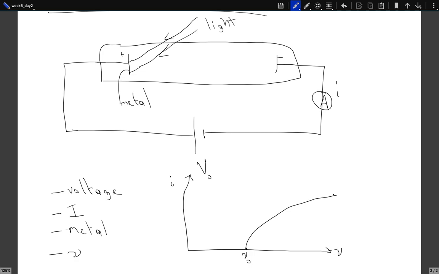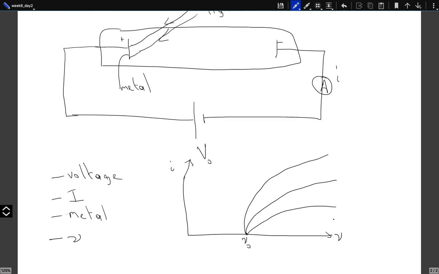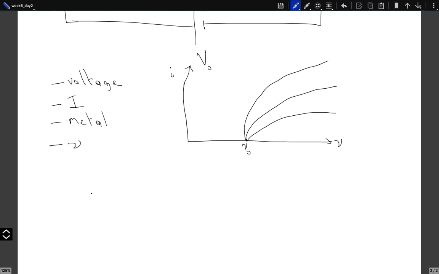Beyond that frequency, nu zero, you start to observe some current running through your system. If you increase the intensity, the current becomes larger. If you lower the intensity, the current becomes smaller. This is one observation we have.